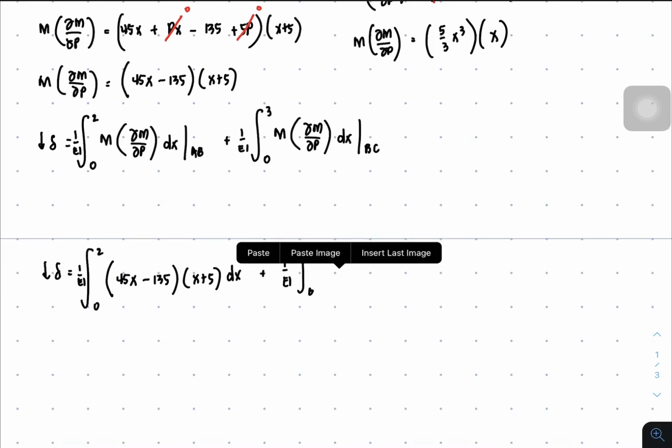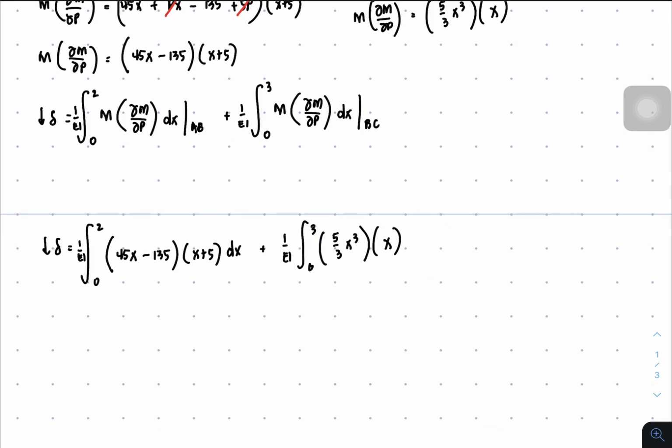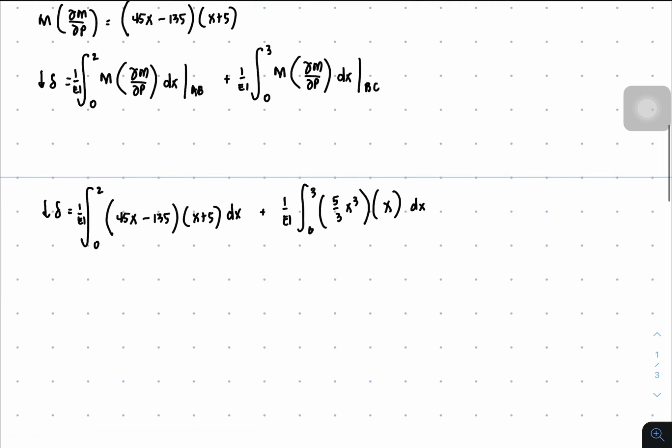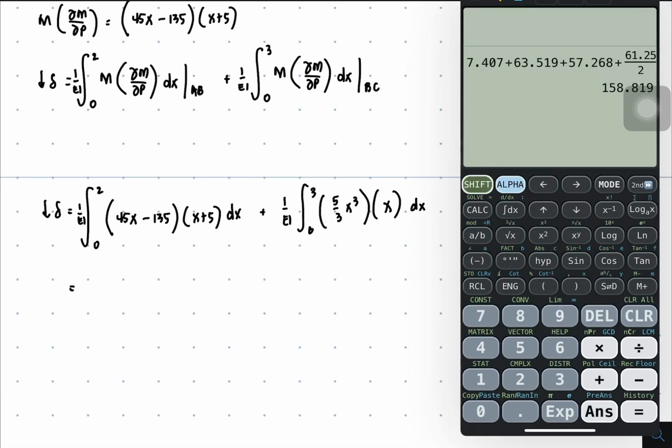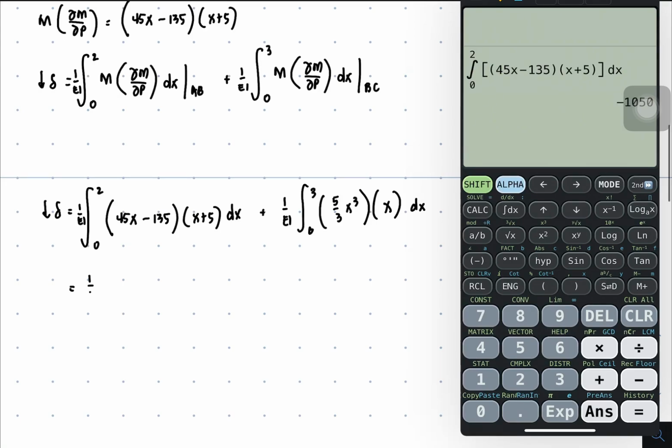This is for BC. And dx, that one. So in this case, we are now going to have the integral of the term 45x minus 135 times x plus 5, limits from 0 to 2. It's 1 over EI times negative 1050.